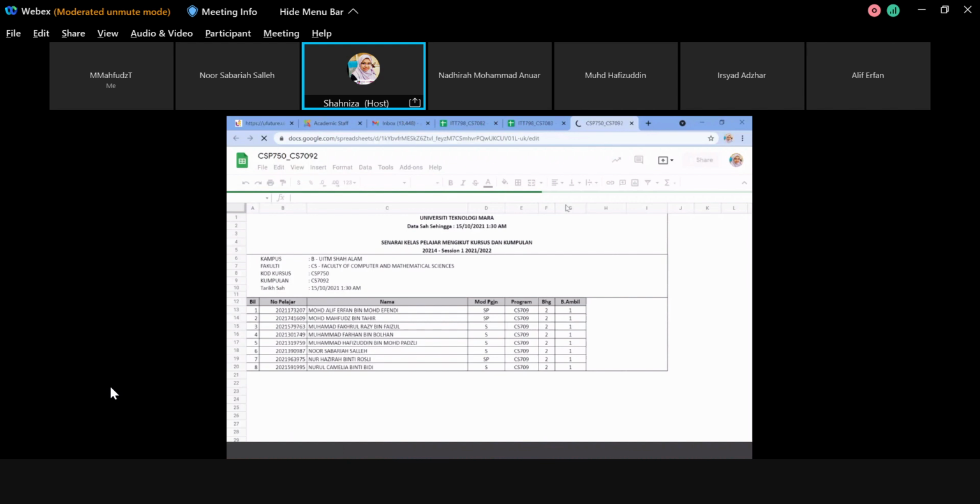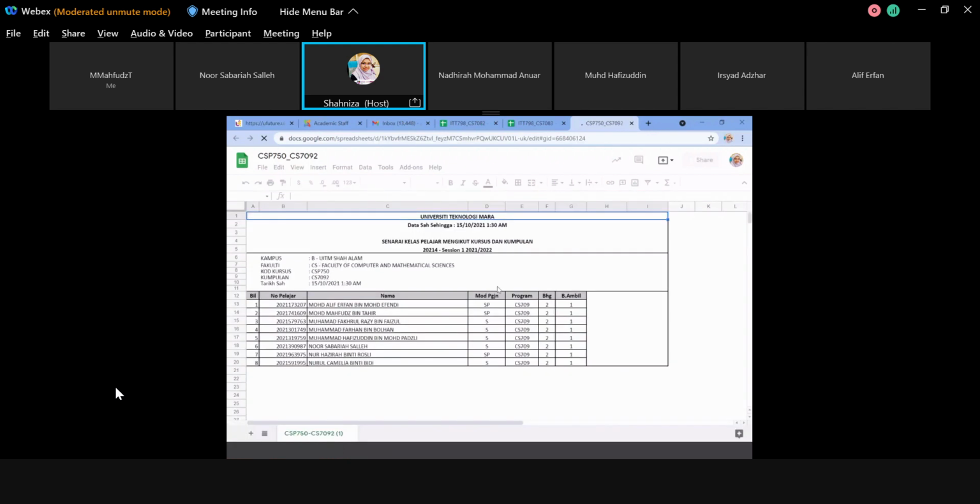Okay, let us start. Dekat sini nanti saya akan compilekan nama you all. So saya akan letak contoh, this one I will change to email address. I need to have your email address.